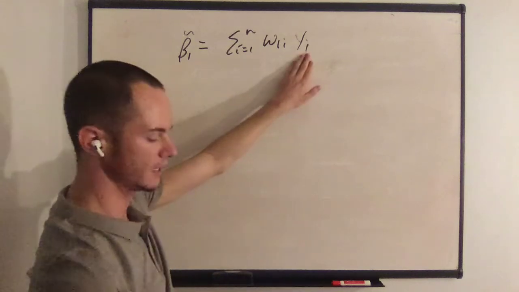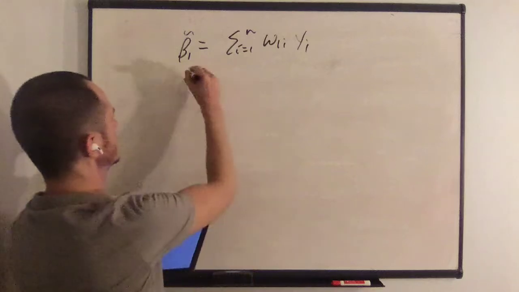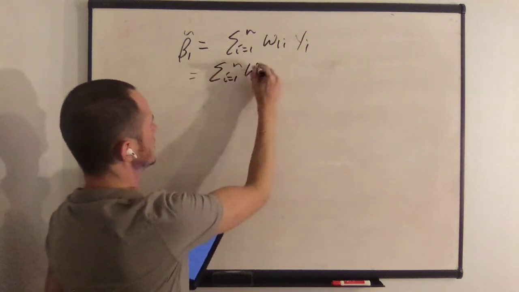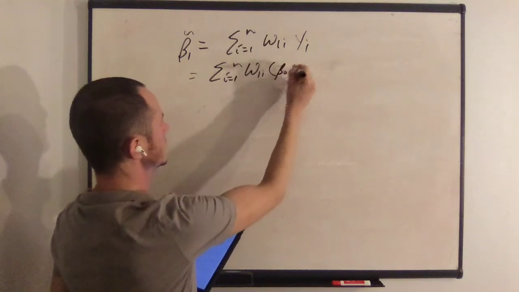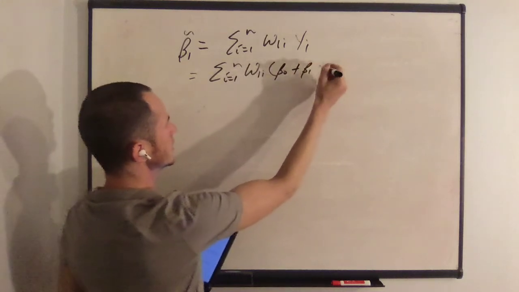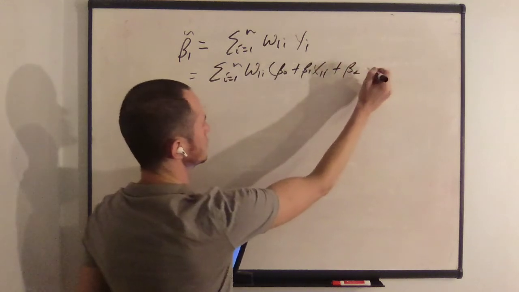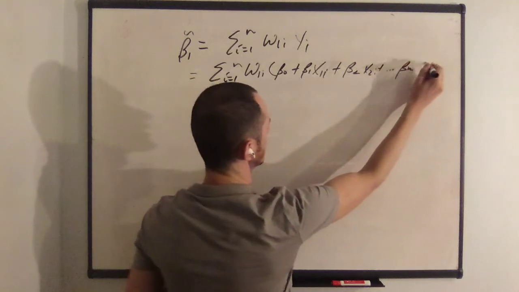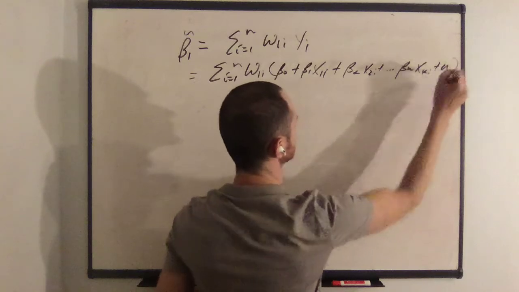Now we can plug in the equation for yi so that this is equal to the sum from i equals 1 to n of w1i times beta naught plus beta 1 x1i plus beta 2 x2i all the way through beta k xki plus ui.